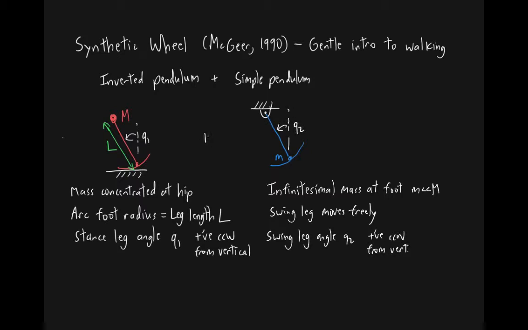These two pendulums are just stuck one onto the other, and that forms our walking model, which is going to include the dynamics of both things acting at the same time, where the stance leg moves on a level path for the center of mass, which also makes for a constant speed for the base of the swing leg as a simple pendulum.